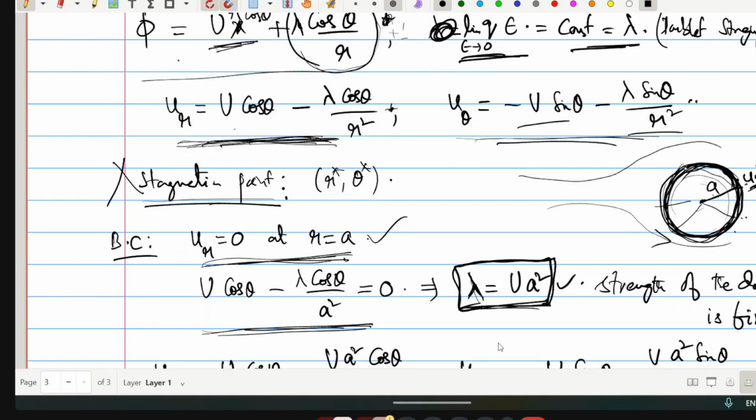This boundary condition will never be satisfied for all thetas. Only one solution works, which is your doublet, cos theta by r. So among 1 by r to the power n cos n theta, only n equal to 1 will work. That is your doublet, for which the boundary condition is naturally satisfied. That's what I want to tell you.